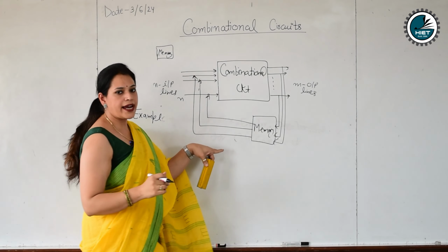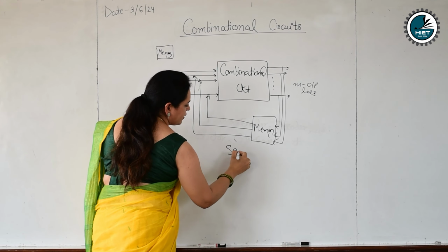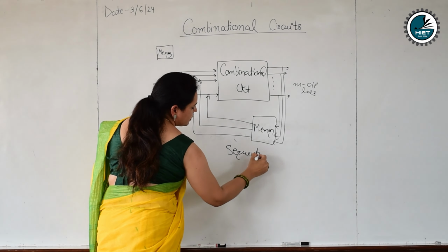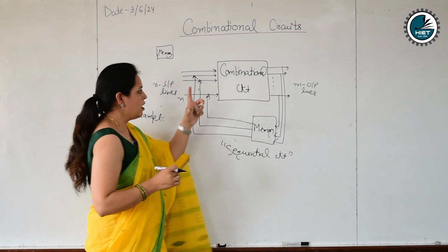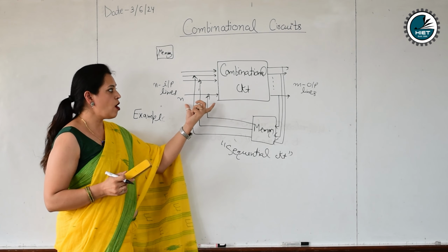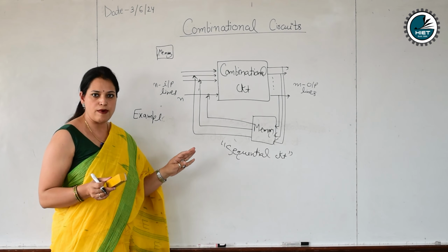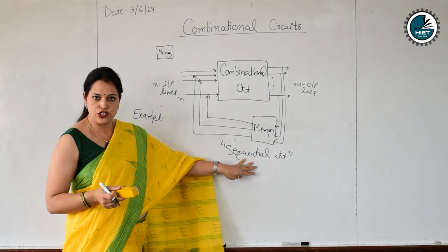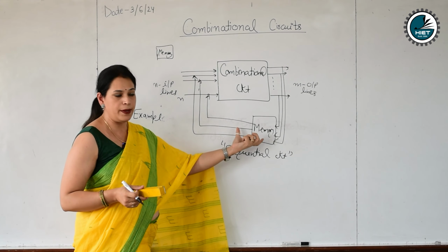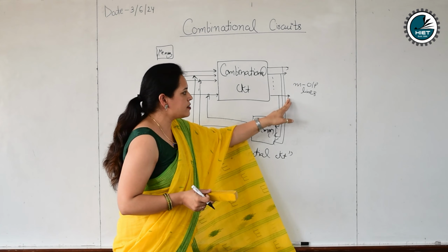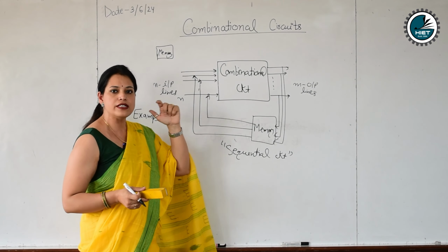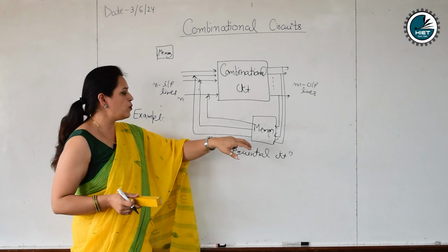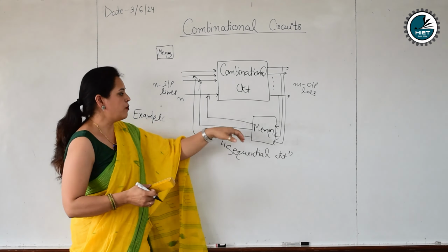So this is the diagram of a sequential circuit. What is the difference between them? In a combinational circuit, there is no need of memory, but in the case of a sequential circuit, there is a need of memory because the output is dependent upon the present input as well as the previous output, and this previous output is obtained with the help of memory.